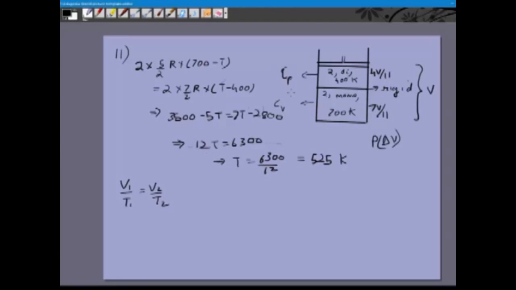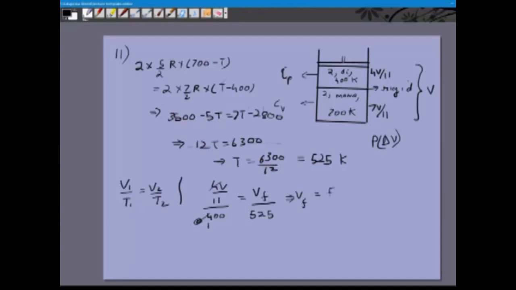Right. So when we apply this to both of them, V1 for the upper one will be 4V by 11. So we get 4V by 11 divided by initial temperature 400 is equal to V final divided by the final temperature 525, which gives me, this cancels with this 100. So V by 1100 is Vf by 525.